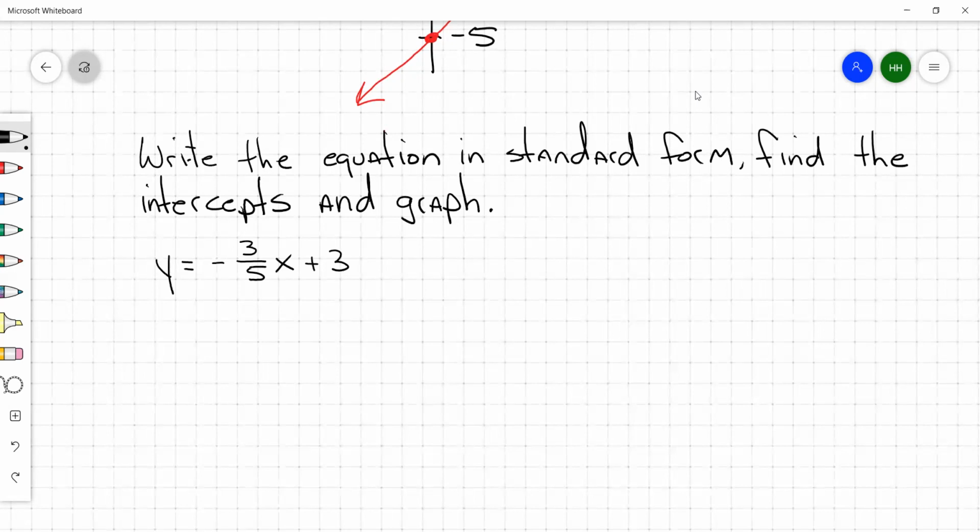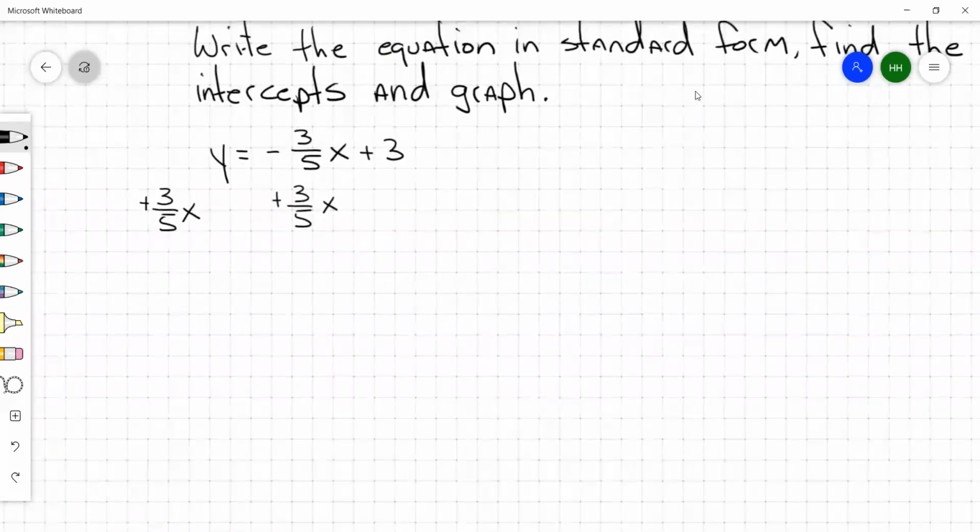So if we've got it in slope-intercept form, we need to write it in standard form first. So we're going to add the 3/5 x to each side. So we get 3/5 x plus y is equal to 3.